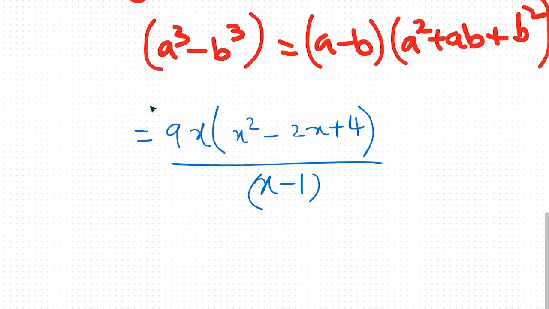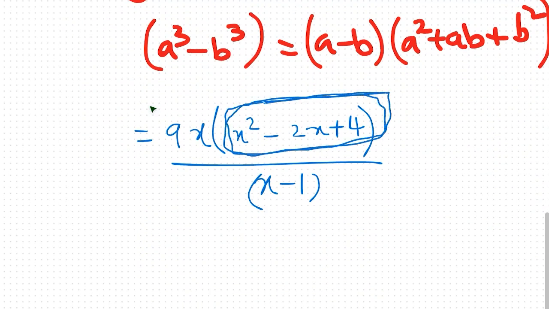Whenever you see this formula, if you observe the discriminant for this quadratic, is it positive or negative? It's negative.